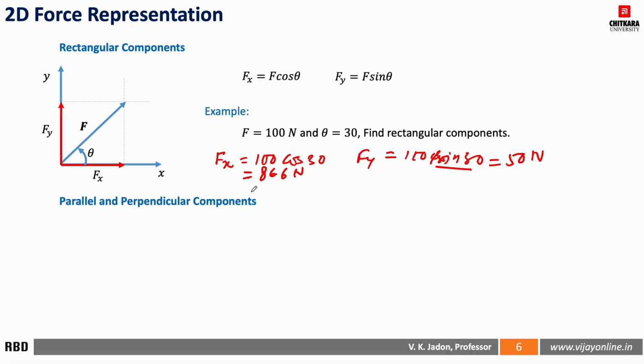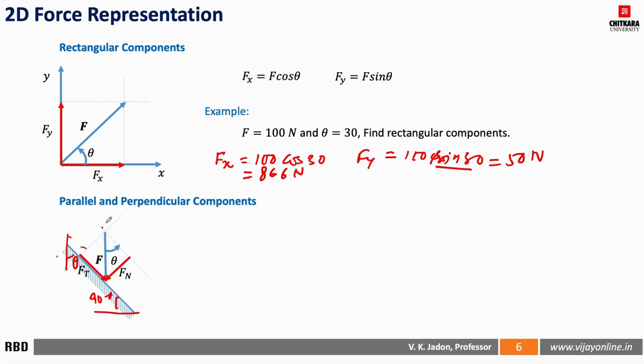We can also have the parallel and perpendicular components of the force. If we have some inclined plane, the inclination of this plane may be given with reference to the horizontal line or vertical line, or sometimes it is given with reference to the force through the horizontal line or the vertical. In this case, if this is theta, then this would be 90 minus theta, and this particular angle would be theta because these are parallel lines.